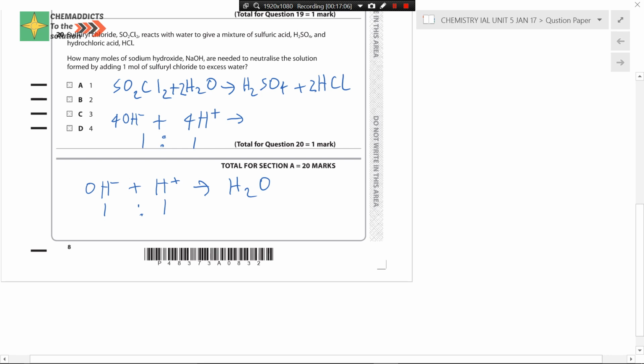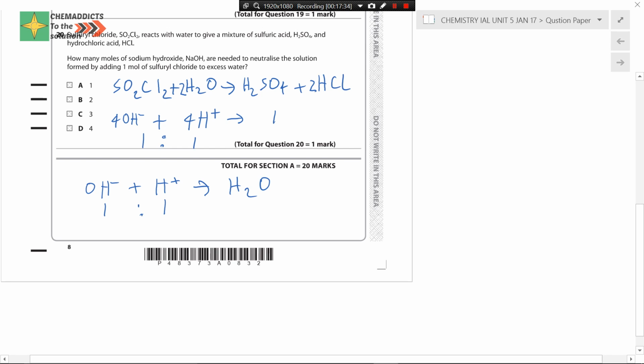To fulfill this condition, we need to keep hydroxide ion and H plus ion in a mole ratio of 1:1, and then it will work. In a neutralization reaction, the same number of moles of hydroxide reacts with the same number of moles of H plus ion to form water.